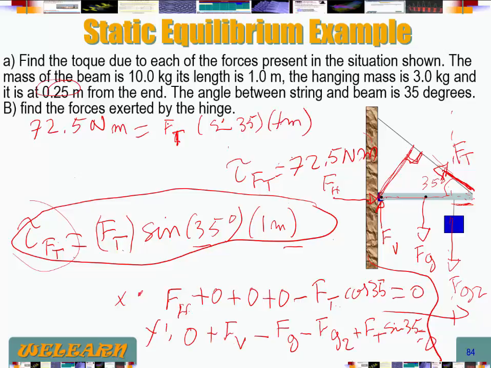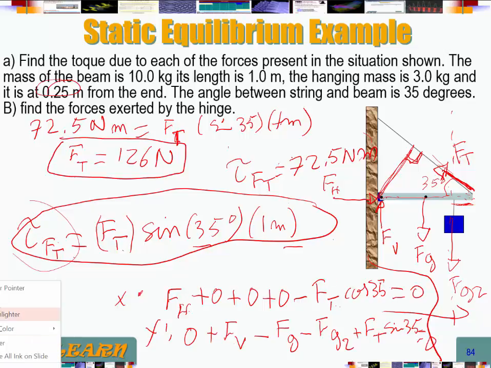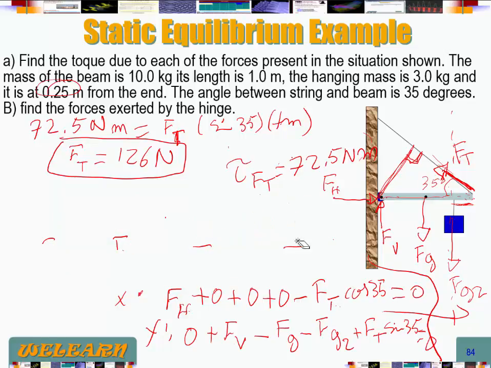Okay, and we solve for Ft that way, so Ft is equal to 72.5 over sine of 35, and that comes out to be 126 newtons. So we know now what Ft is, so we plug it in this second equation. I'm going to erase this since we don't need it anymore.